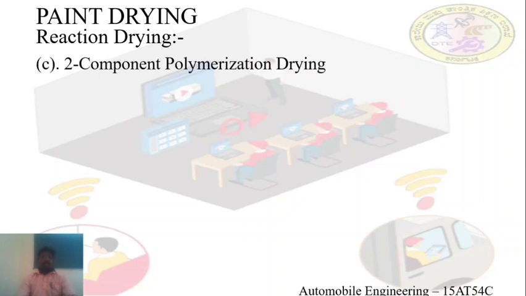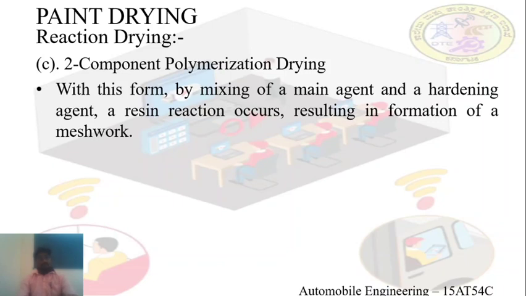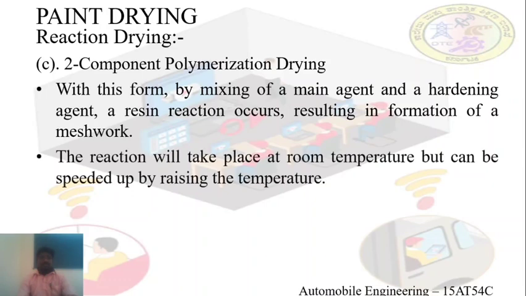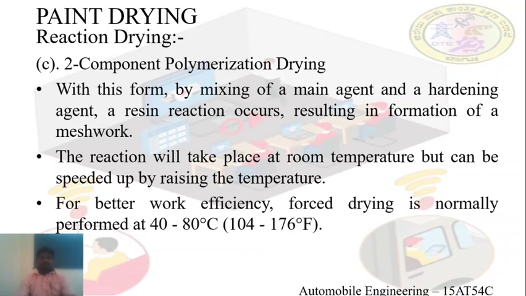The last type of reaction drying is two component polymerization drying. In this drying process, the paint is formed by mixing a main agent and a hardening agent. Because of these two, a reaction takes place, which results in the formation of the meshwork in the paint. This reaction takes place at room temperature, but if you want, we can increase the temperature to speed up the meshwork formation.